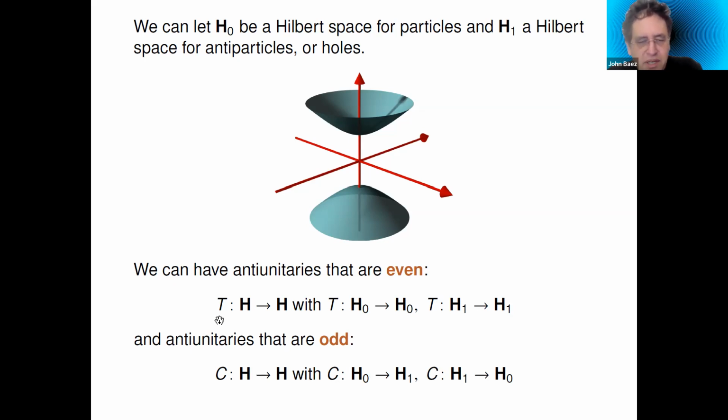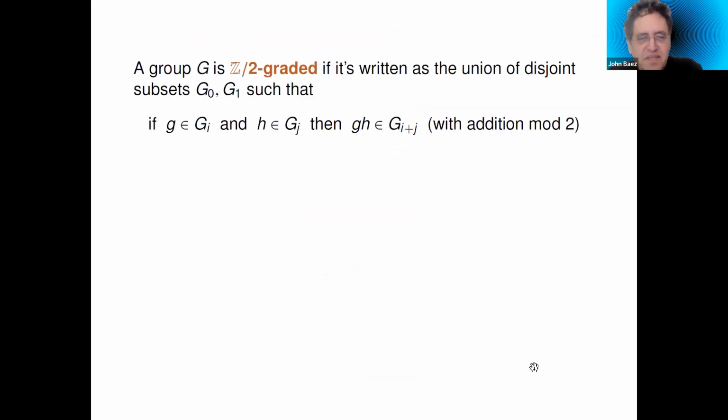I'm going to call the even ones T, because in physics applications, that's often what they are in condensed matter physics. And the odd anti-unitaries, I'll call them C. But I'm doing math now, so I'm not promising anything about what the application of the math is, because there are some subtleties and flexibilities about how you would apply it.